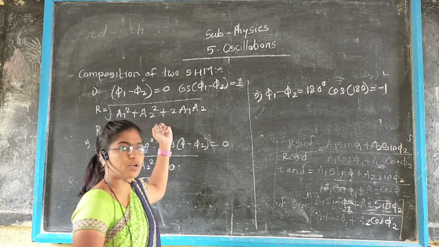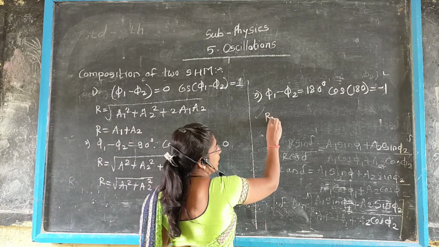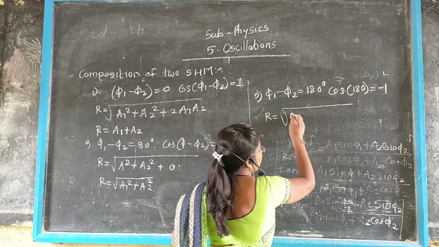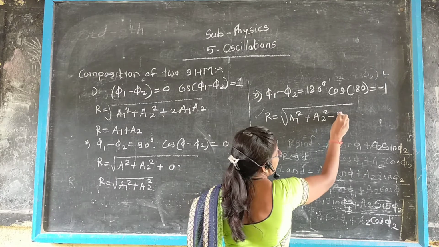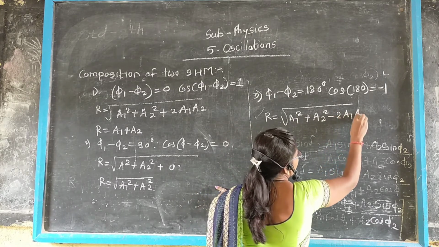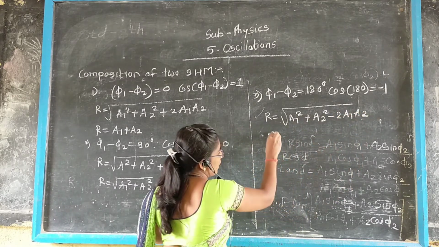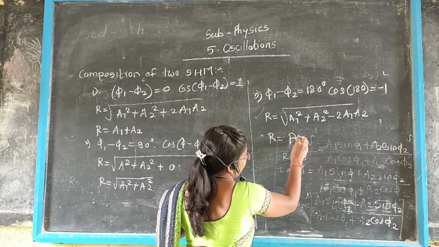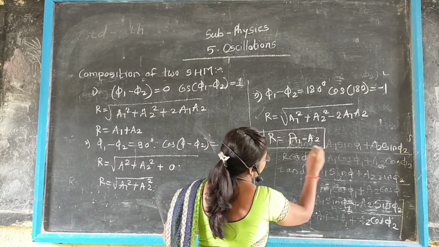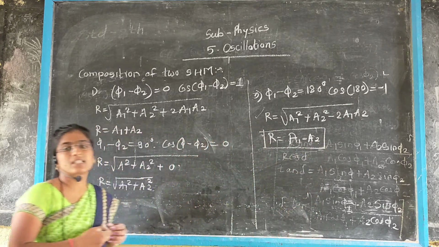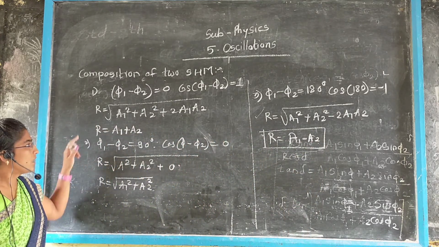Therefore, in the equation of resultant amplitude, r is equal to the square root of a1 square plus a2 square minus 2 a1 a2. Therefore, r is equal to a1 minus a2. Okay. These are the three cases of amplitude.